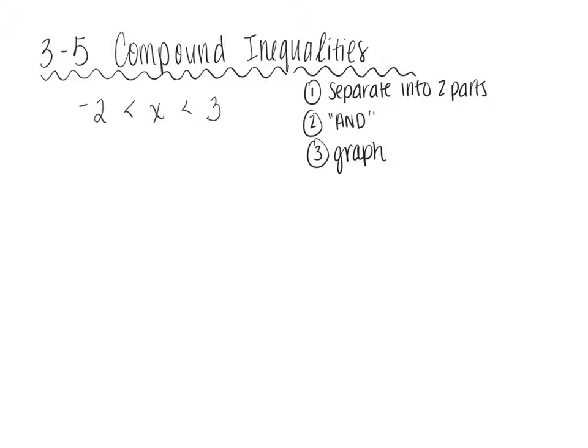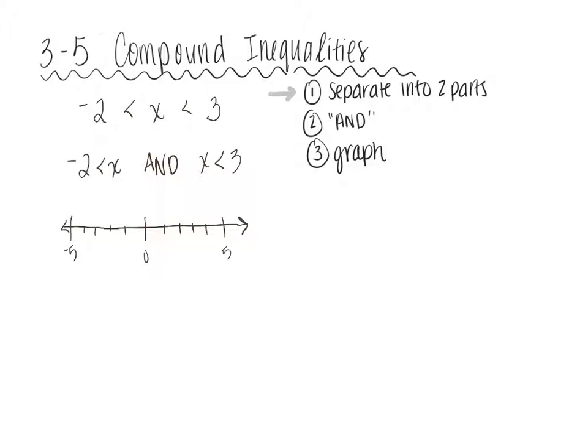All right, take a moment and try doing this one on your own. Pause me. Do it just like we did before. You can rewind the video, and when you're done, unpause me and we'll check your work. All right, at this point, hopefully you recognize that you needed to separate it into two parts, and that because you separated it into two parts, it was part of an and group, and then hopefully your graph looks something like mine.